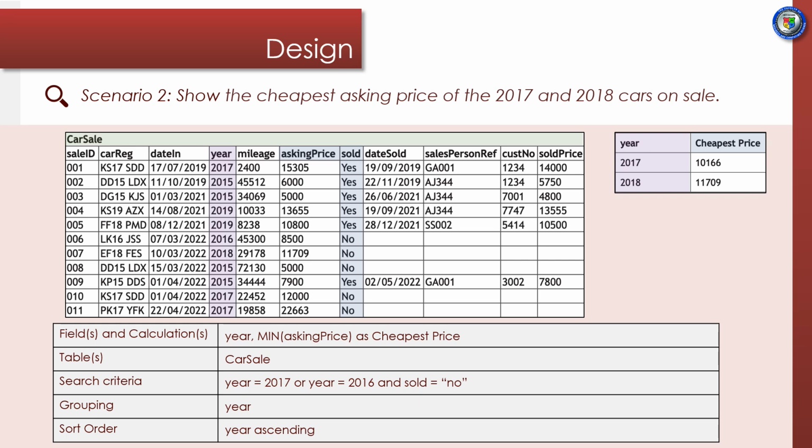And finally, we are going to sort this information by year ascending. So therefore we have the output of this query showing the cheapest price of a car that is available for sale in 2017, followed by the cheapest price of a car which is available for sale in 2018.